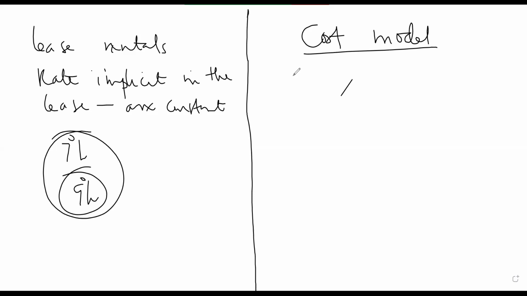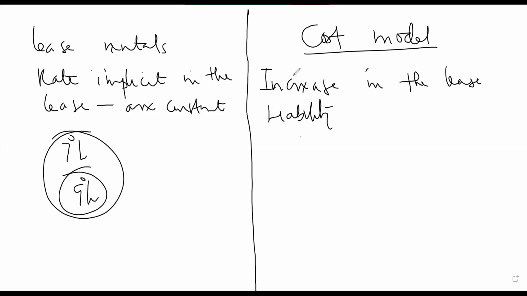If the lessee is using a cost model and after reassessment there is an increase in the lease liability, what happens? So the lease liability was 200 million, but after the reassessment, let's say it is now 202 million. It has increased by 2 million.